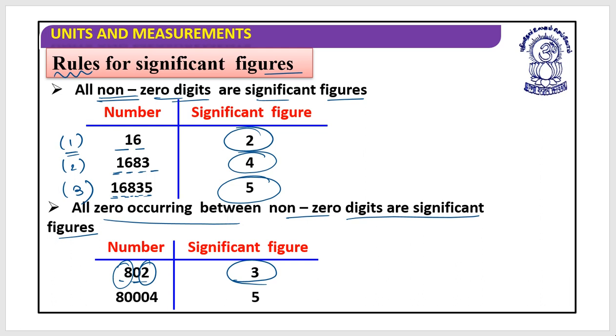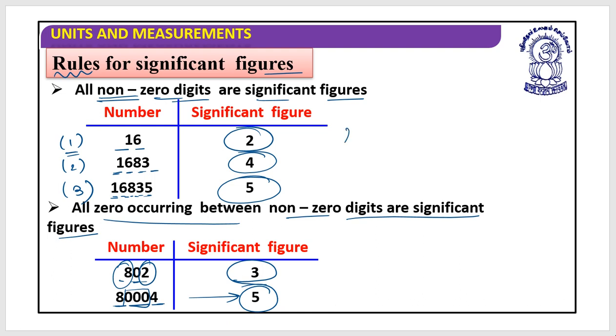Let's look at the next number, 80004. Three zeros are there, but they are protected by 8 and 4, which are non-zero numbers. So the total number of significant figures is 5.